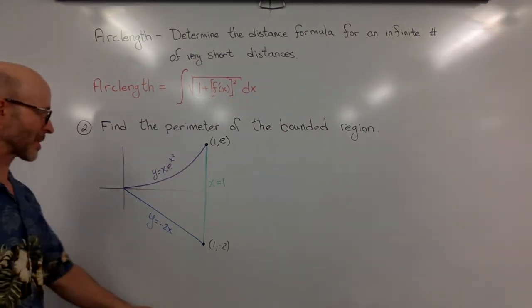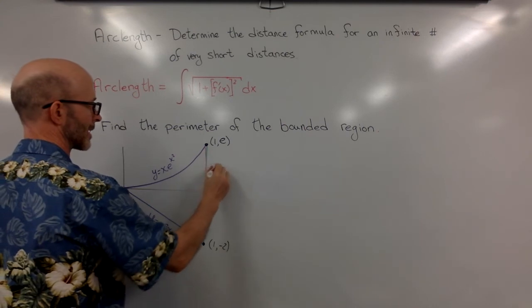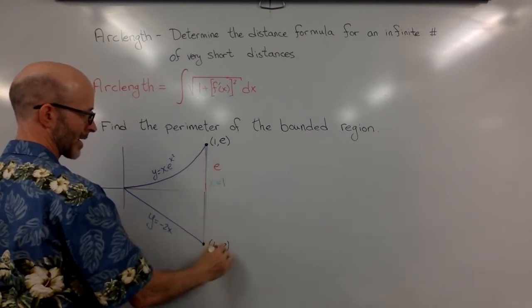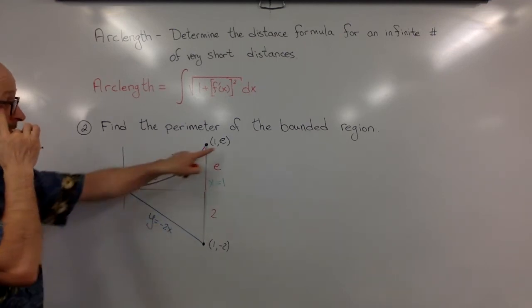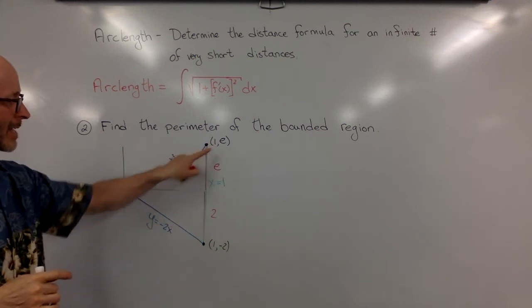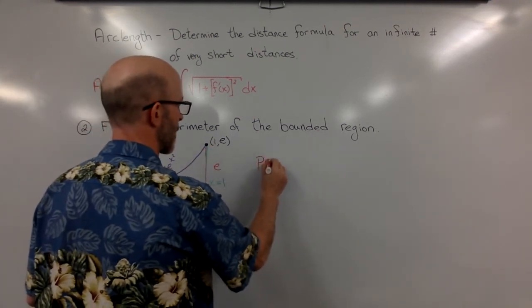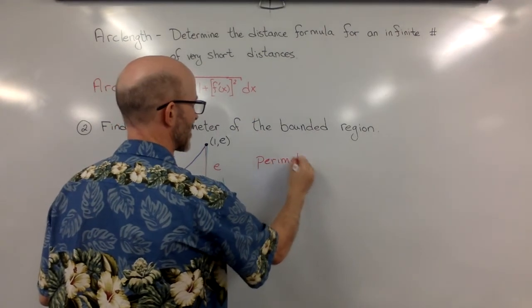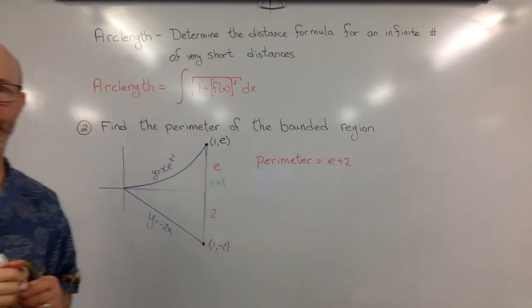So now it's pretty easy for me to tell that this length right here is a length of e. This length right here is, well, a length of 2. The top minus the bottom. You could even say, if you want this entire length, take the top value minus the bottom, you get e minus -2. So you know that your perimeter, that right-hand side, is e plus 2.